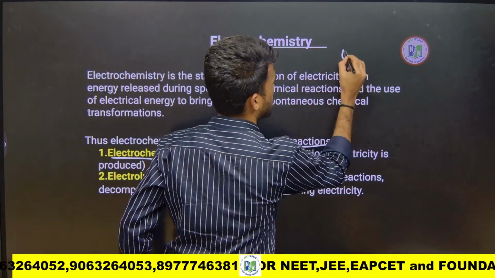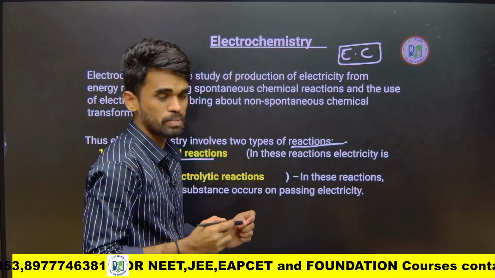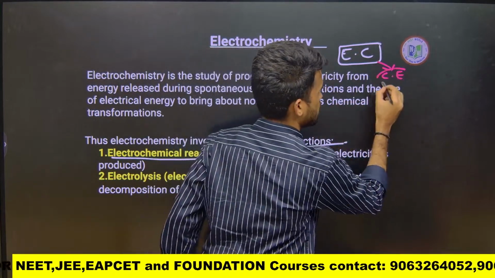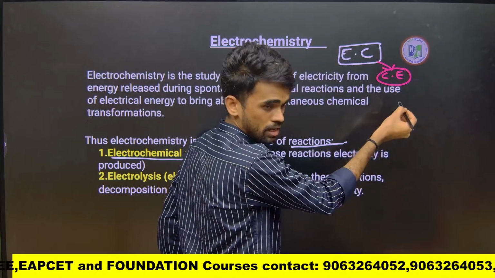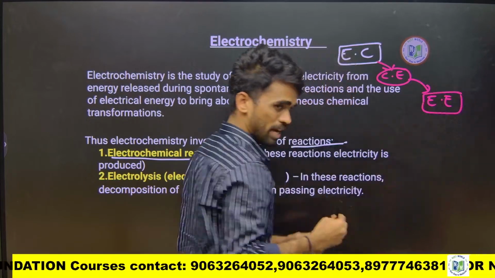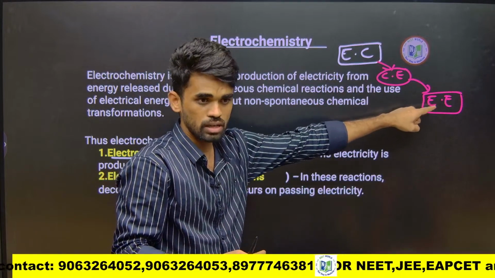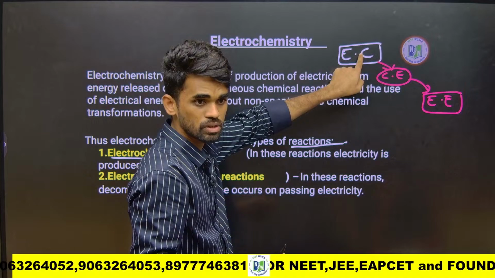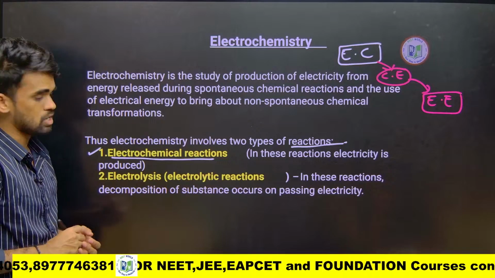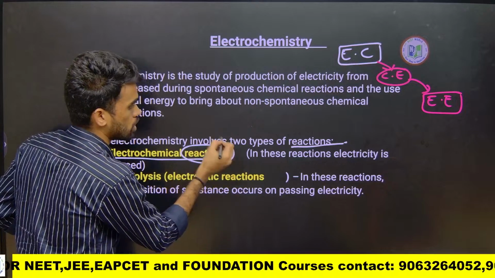In these electrochemical cells a chemical reaction takes place, and this reaction produces energy called chemical energy, which is converted into electrical energy. By a spontaneous chemical reaction, energy is released and converted into electrical energy. Those reactions used in electrochemical cells are considered electrochemical reactions.